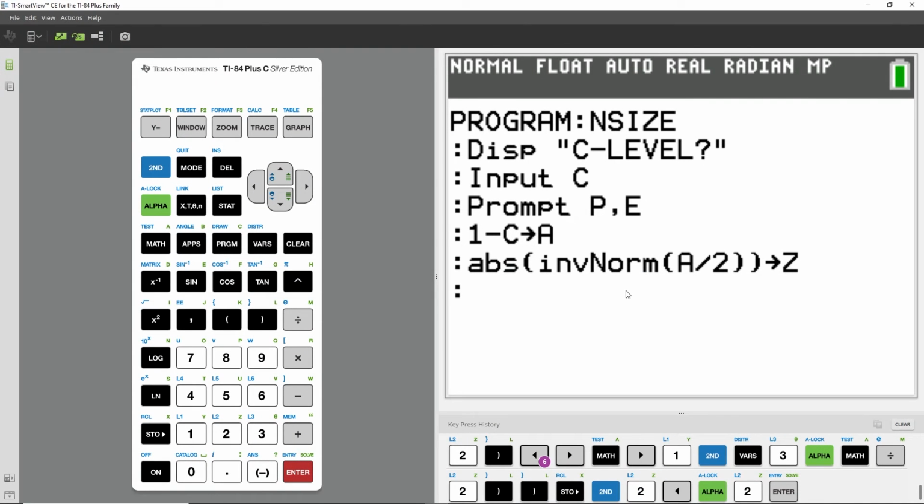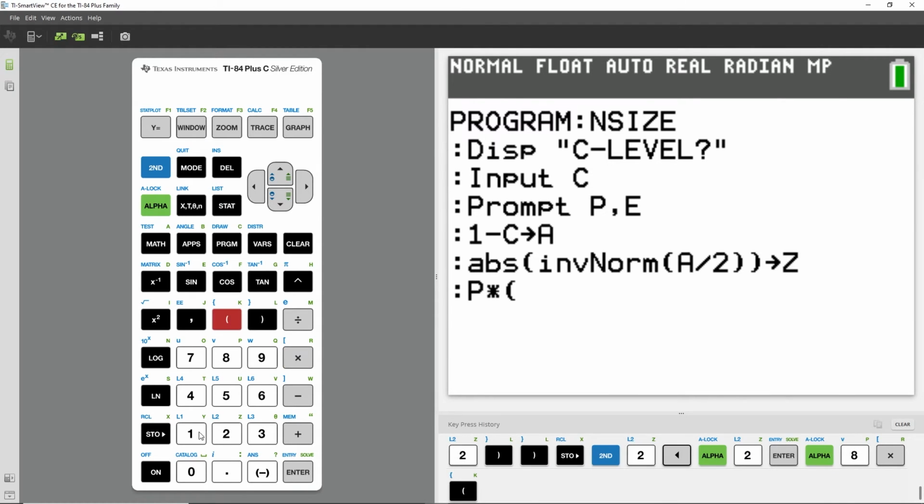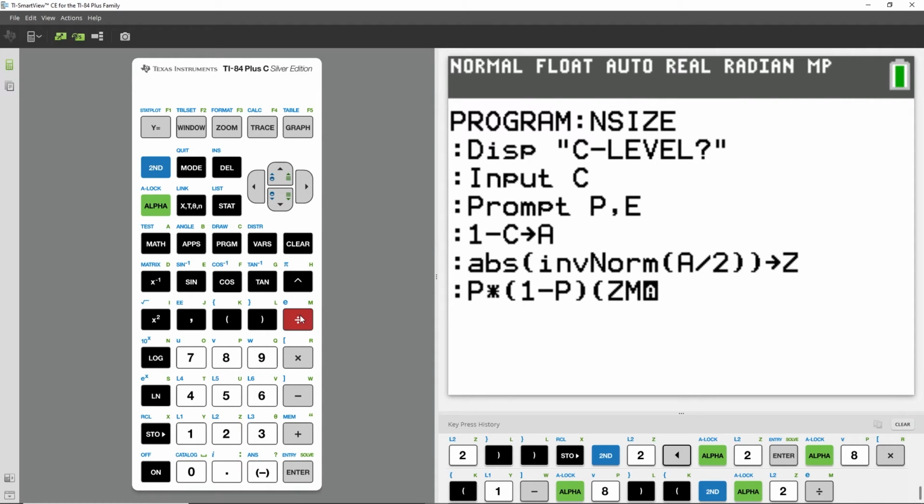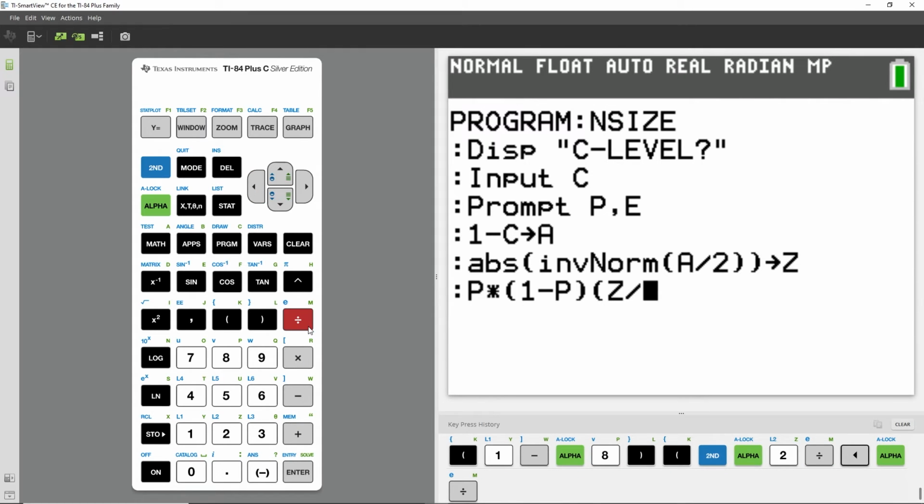It's going to be alpha P times 1 minus P times Z, we just calculated that, alpha Z, divided by E, the margin of error.